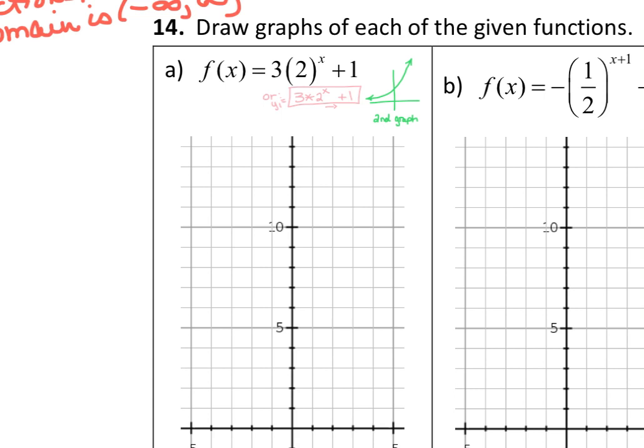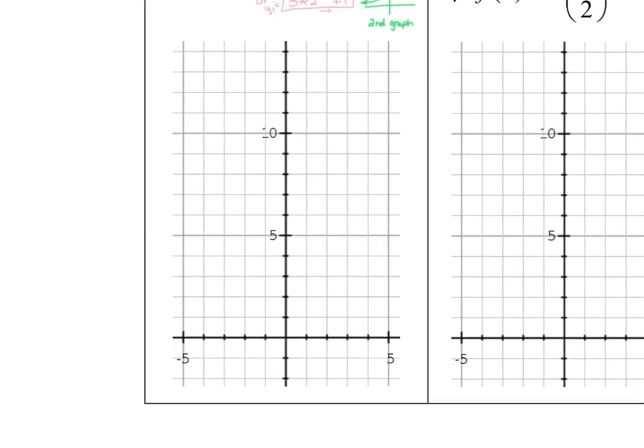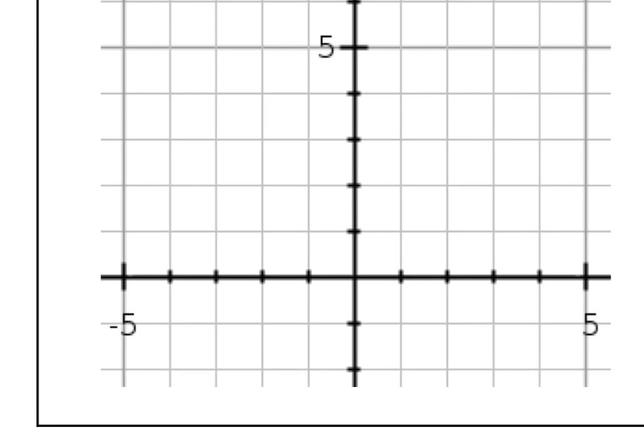And even if you keep going, it's like 1.0 something, 1.00 something, 1.0000, but it's never actually going to reach 0. And so that's going to be your asymptote there. So you're going to have an asymptote at y equals 1 here, like that.